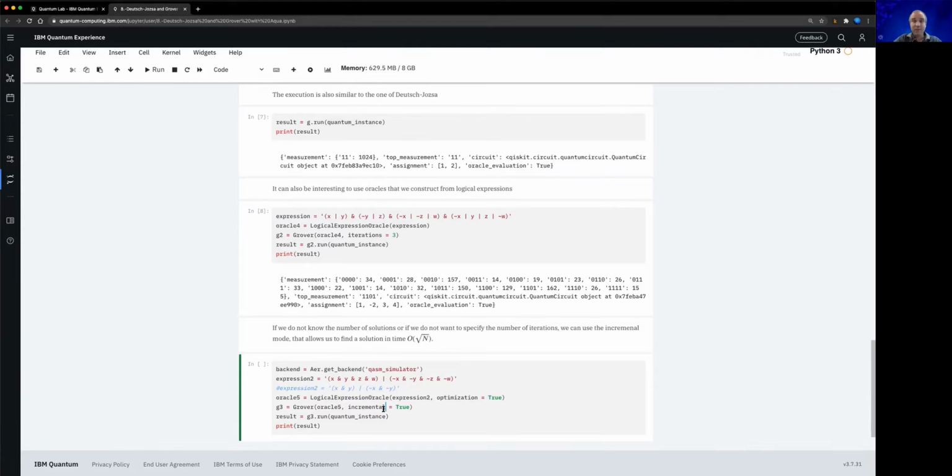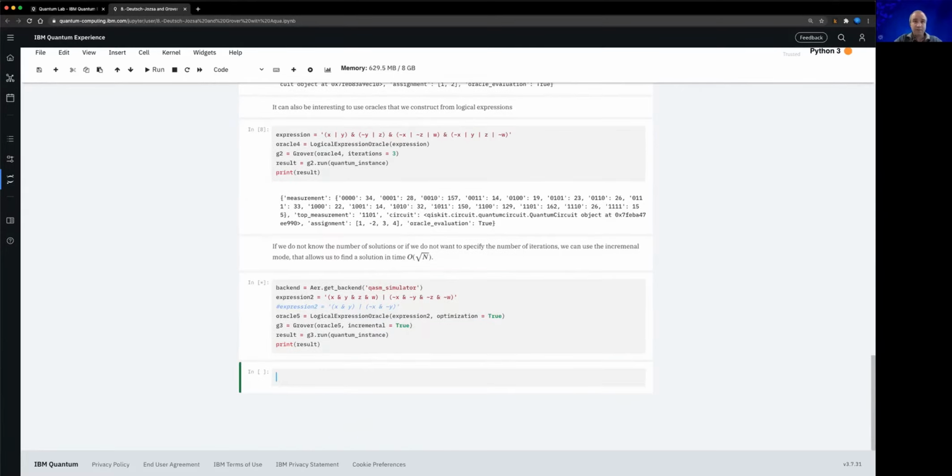But this depends on the number of elements that satisfy the condition, and this is something that maybe we do not know in advance. In that case, we can use several techniques. One of them is what we call the incremental search, and this is something that is implemented in Grover in Aqua, and we can use it instead of providing the number of iterations. The algorithm will start with 1 iteration and will increment this number of iterations until it finds an element.